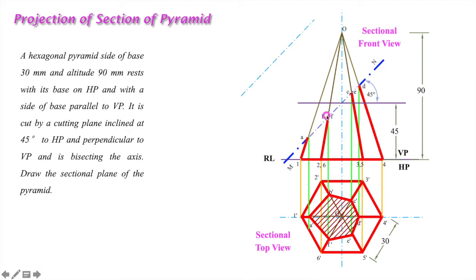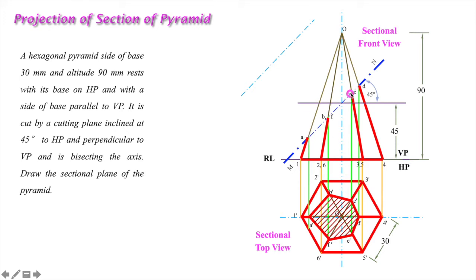To draw that true shape, we will draw a parallel line here. Why is it not true? Because here there is a difference of length. This length, A dash to this D dash point, has been reduced here.